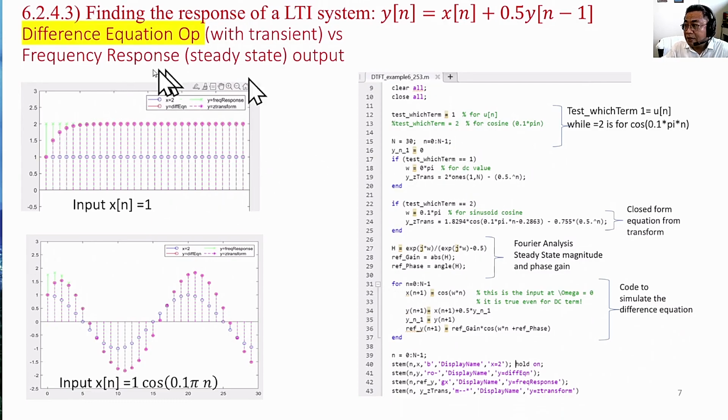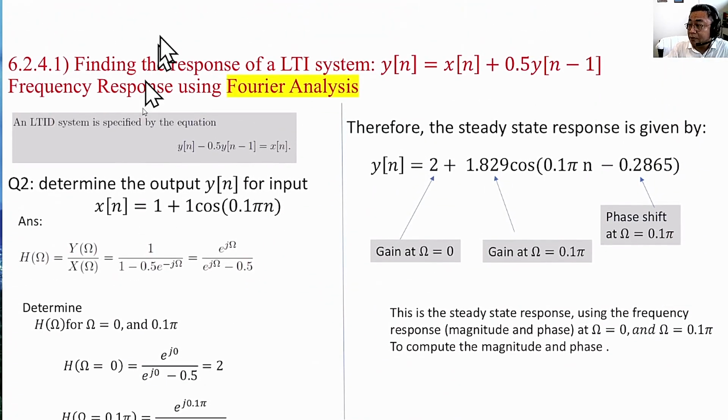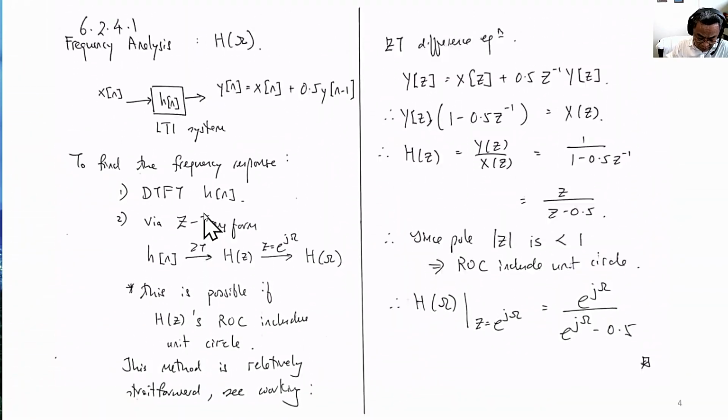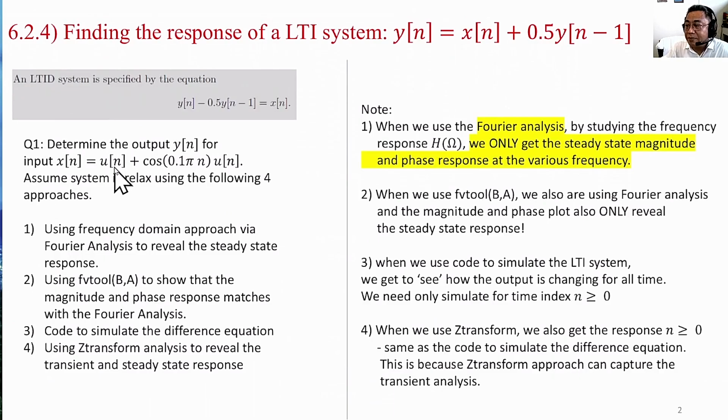On the left part of this is when we are using input equals to 1. Remember that we have two inputs. The inputs to the system are 1 as well as cosine 0.1 pi n. In fact, the real input is not 1 but the unit step. So that means 1 from n equals to 0 onwards, as well as a cosine multiplied by unit step.